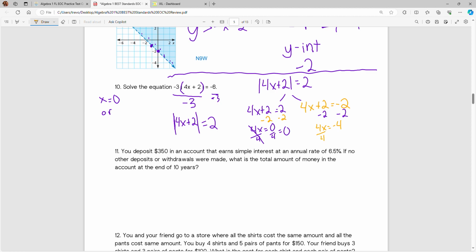Divide both sides by 4 to make the 4's cancel gives us x equals a negative divided by a positive is a negative, 4 divided by 4 is 1, or x equals -1. So our solution to this absolute value equation has two answers, two x values.